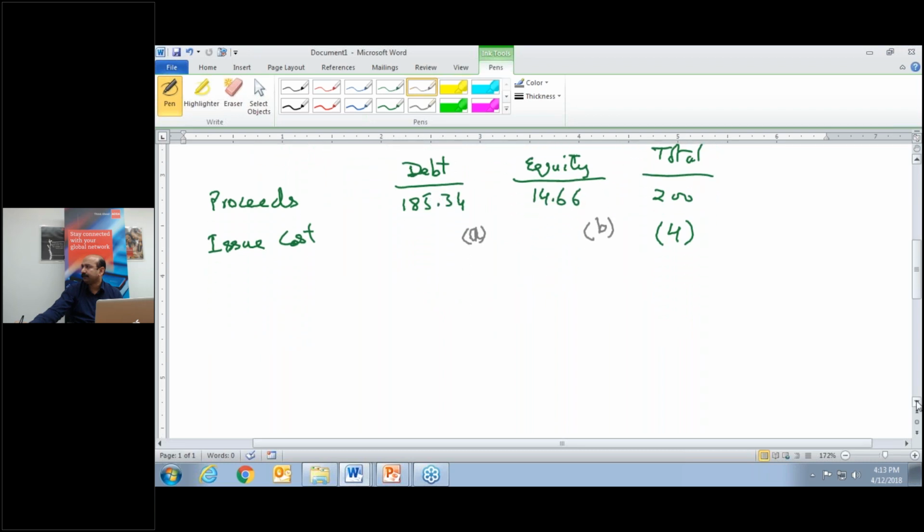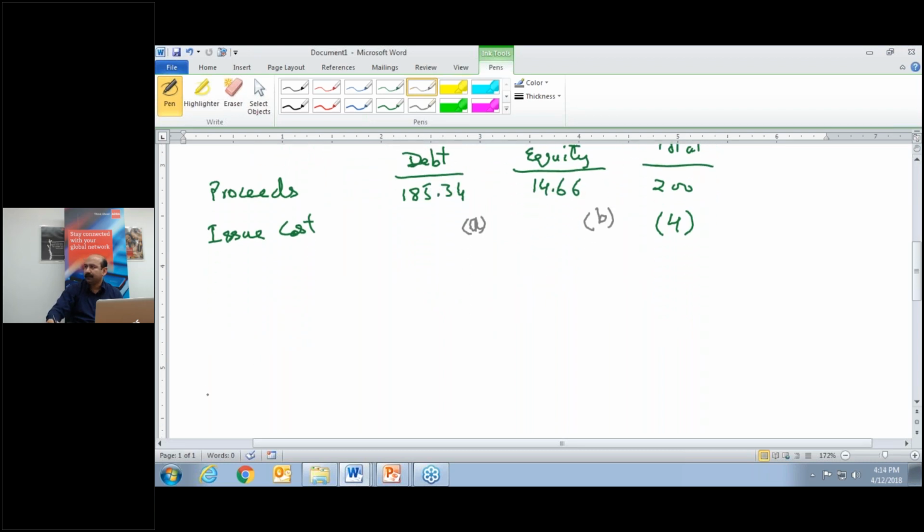A is equal to 4 million into 185.34 divided by 200. This will give us 3.71. I am rounding this figure.